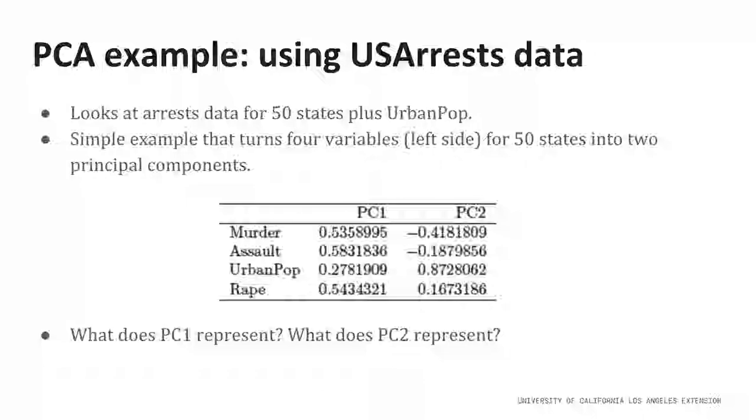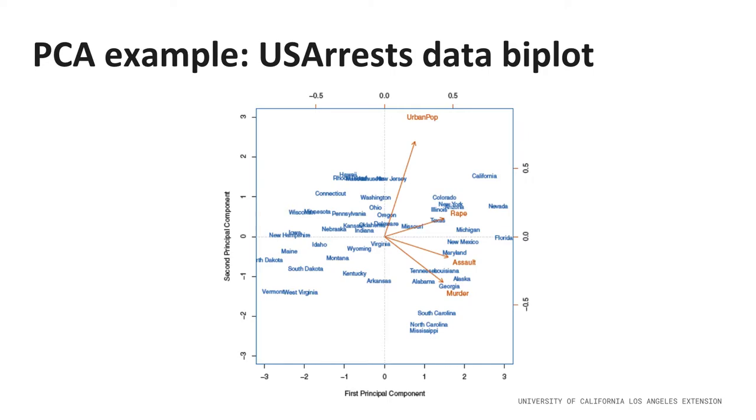And so it looks like PC1 is more about the arrest or the charge of the arrest, whereas for PC2, urban pop is very positive at 0.87, while murder, assault, and rape are either negative or pretty low. And so it looks like PC2 is probably picking up on the fact that urban population is more of a, again, demographic, economic type indicator.